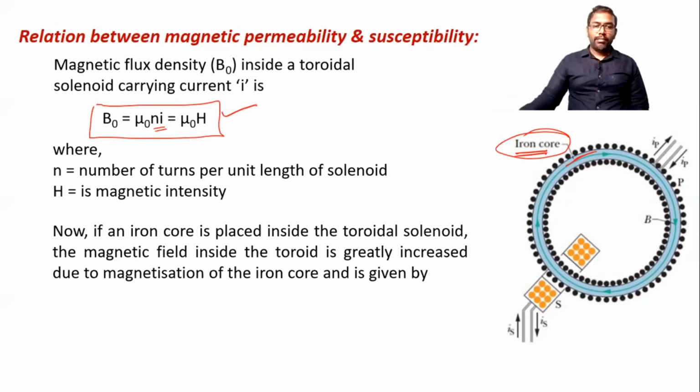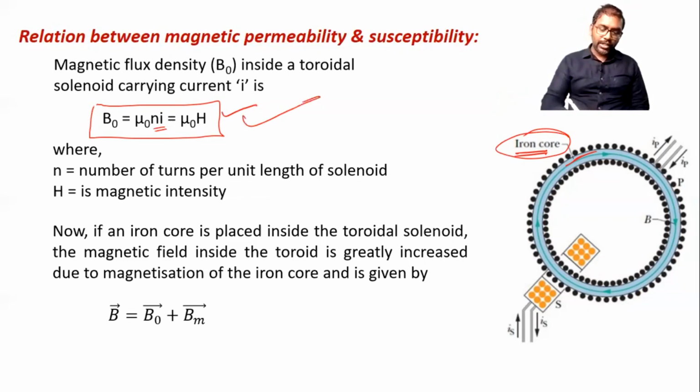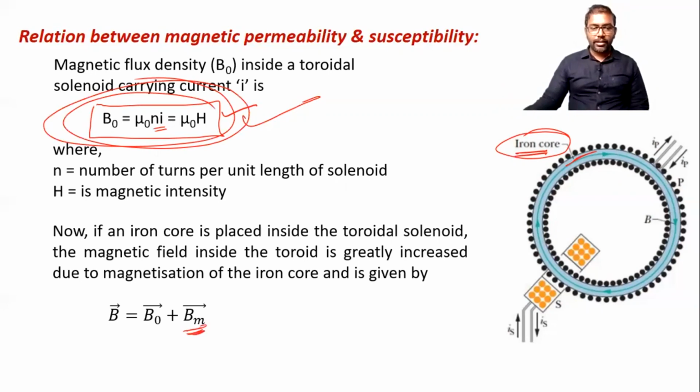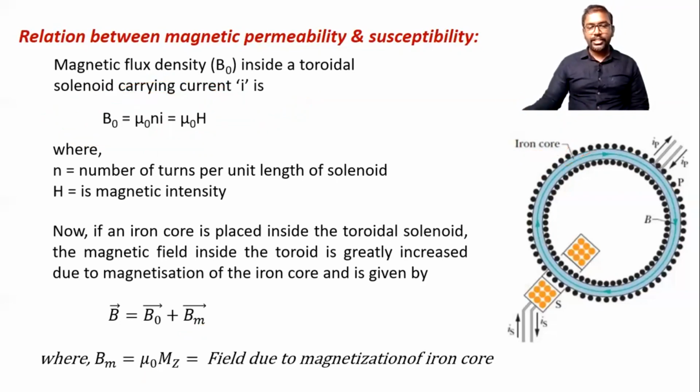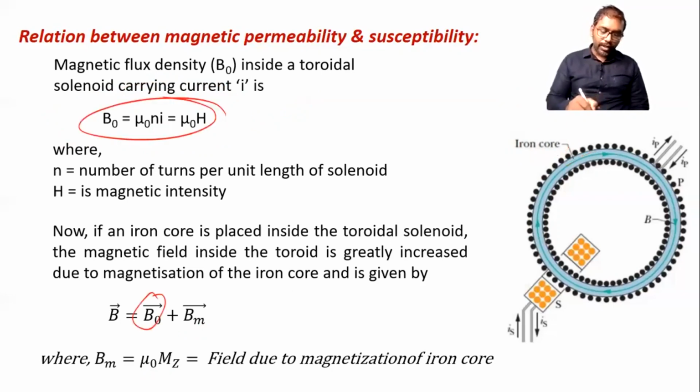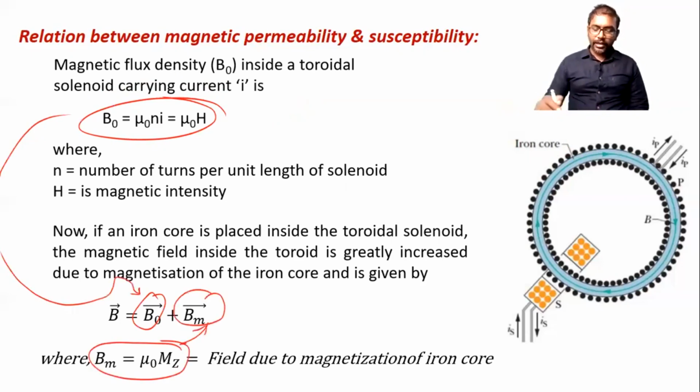The magnetic field due to the toroid with the iron core is given by B0 plus Bm, where Bm is the magnetic field contributed by the iron core. It is given by the formula mu 0 into M, where M is the magnetization. Let me substitute B0 by this formula here and Bm by this. Then we get the next formula.